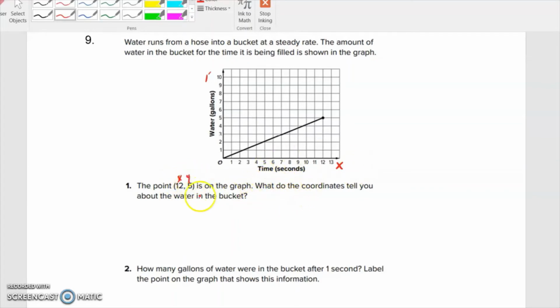What do the coordinates tell you about the water in the bucket? Well, remember, on my x-axis, I'm talking about time. So 12 is 12 seconds. So that means after 12 seconds have gone by, there were, and we go up to 5 gallons of water.